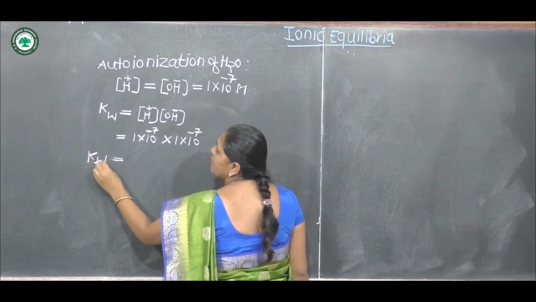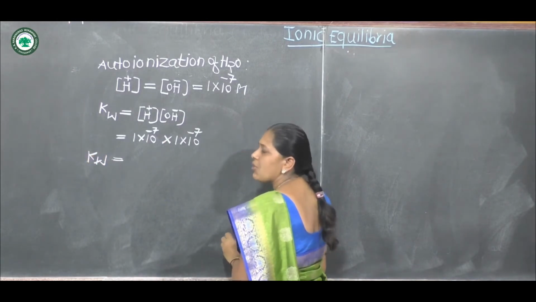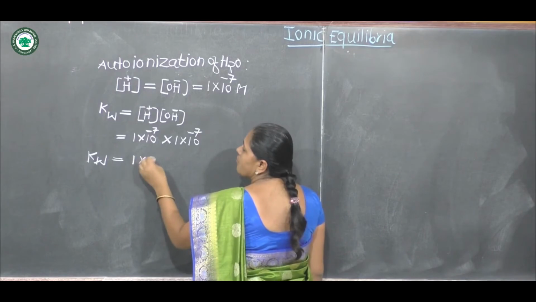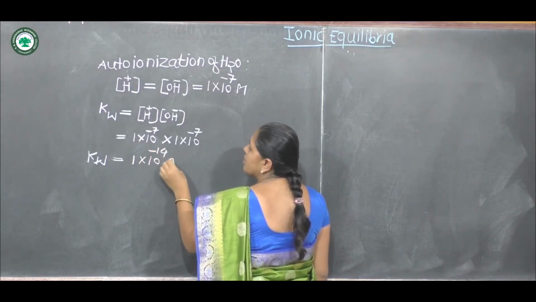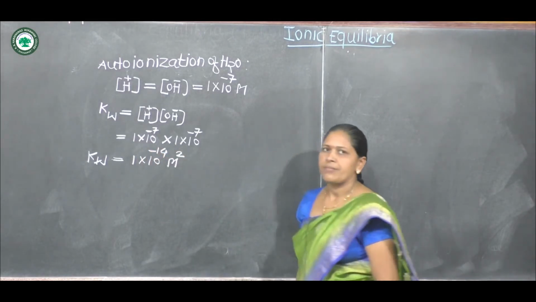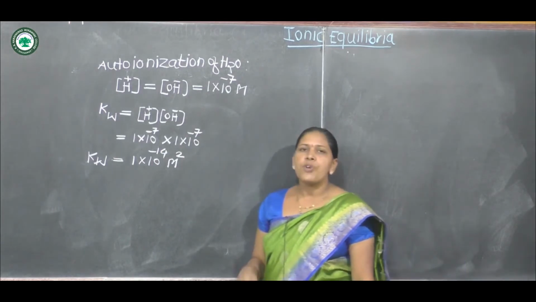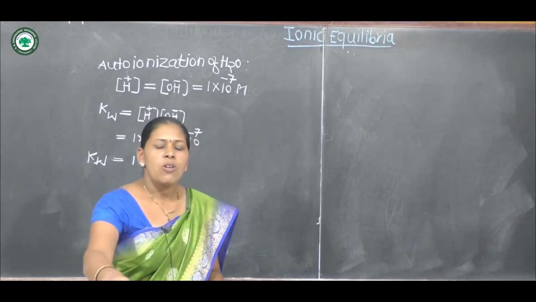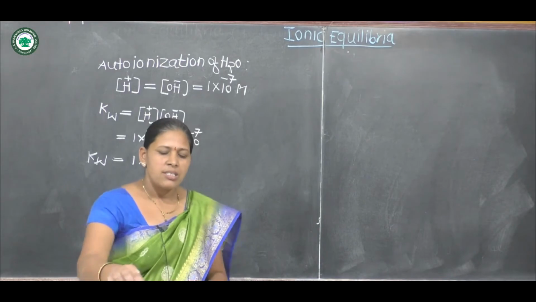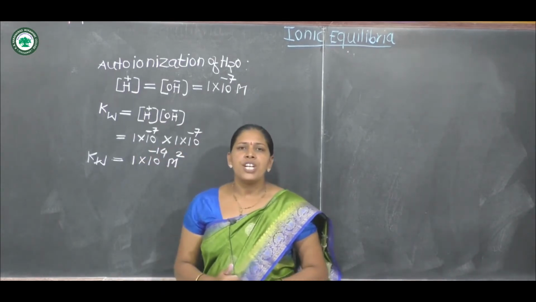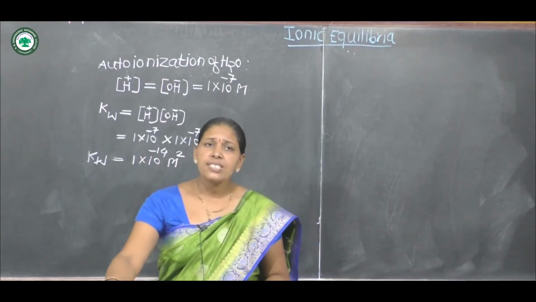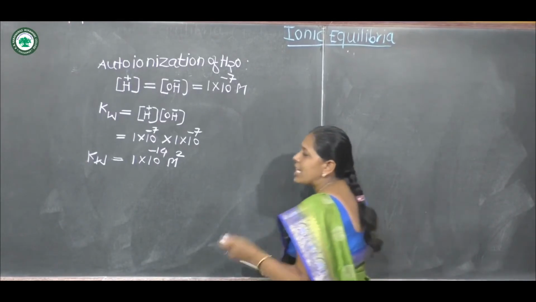Therefore, Kw, that means the ionic product of water, is equal to 1 into 10 raised to minus 14 mole square. This value is important for solving numericals regarding pH, pOH.